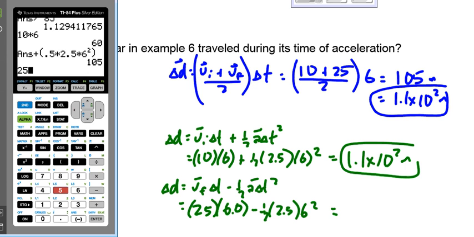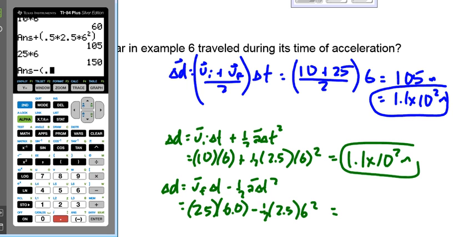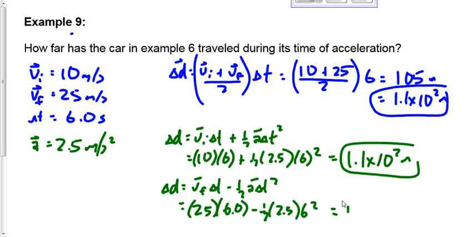Let's say 25 times 6, subtract, bracket, 0.5 times 2.5 times 6 squared gives me 105. 1.1 times 10 to the 2 meters.